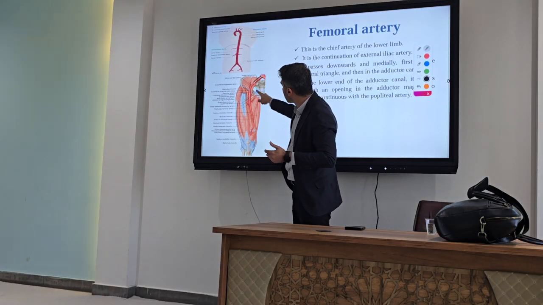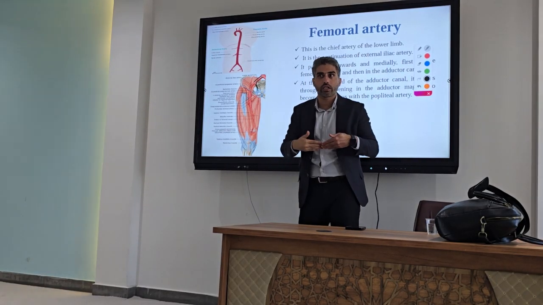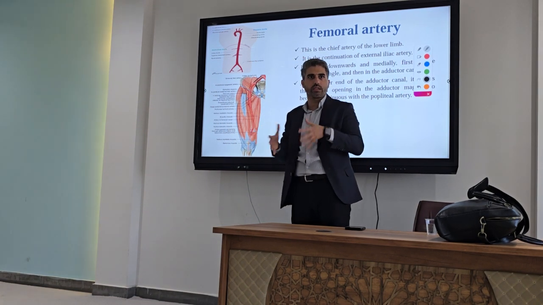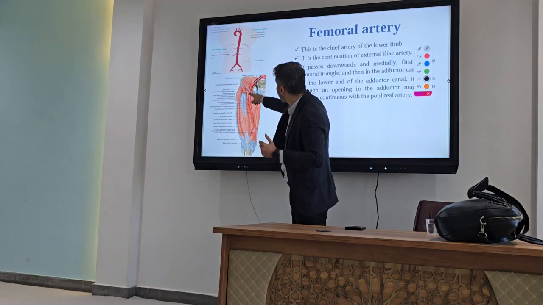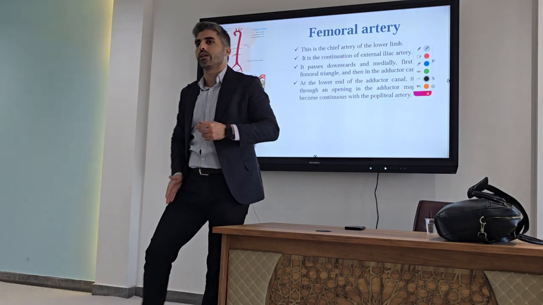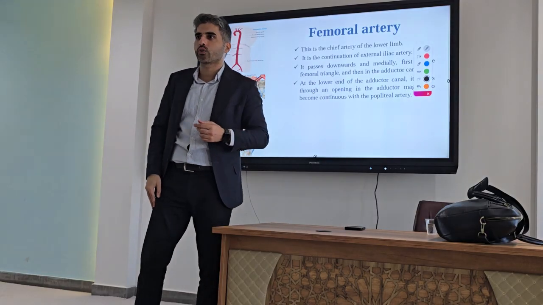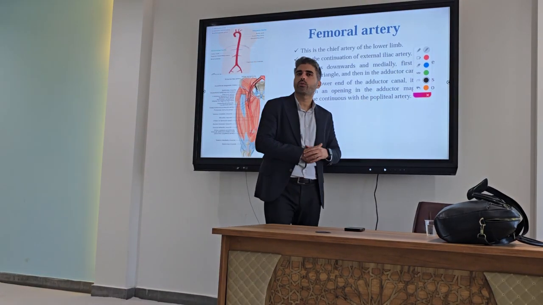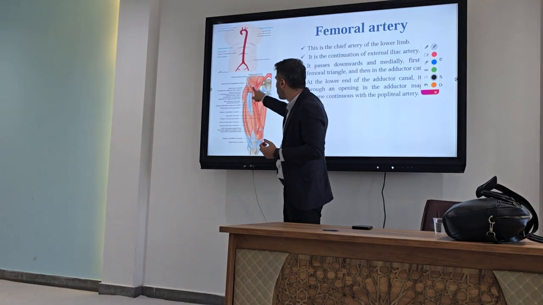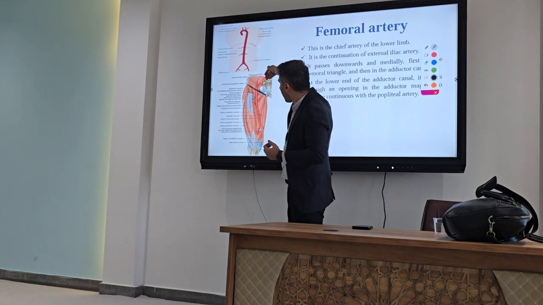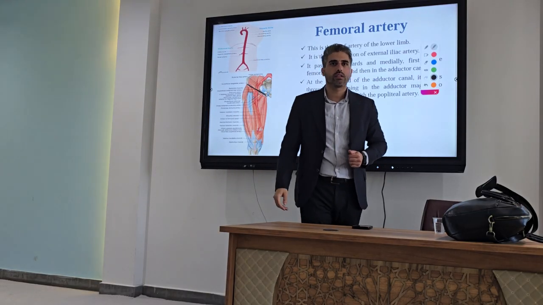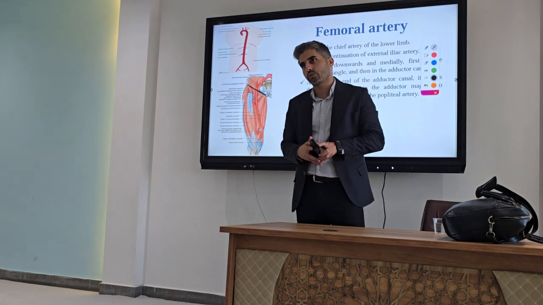The external iliac artery goes to the lower limb, deep to the inguinal ligament. After it passes the inguinal ligament into the lower limb, we say femoral artery.